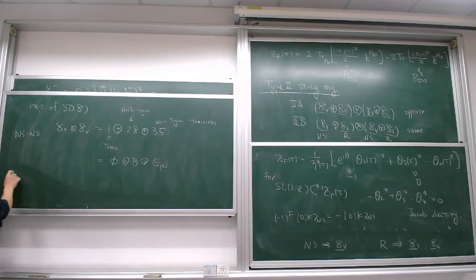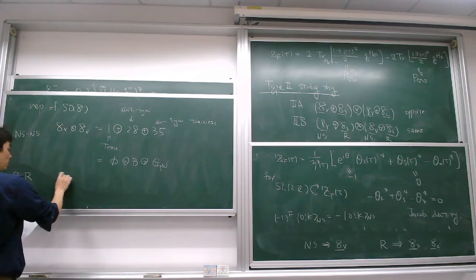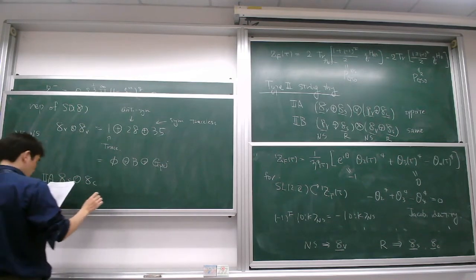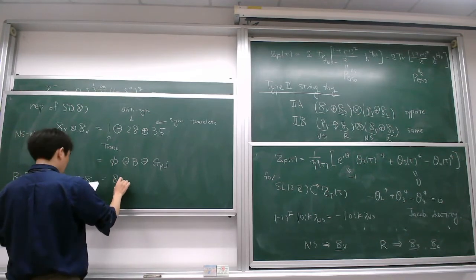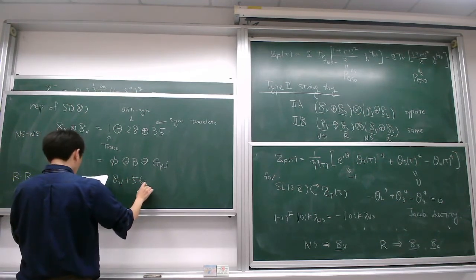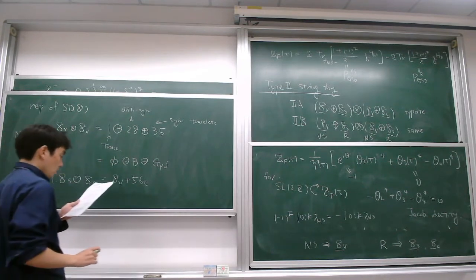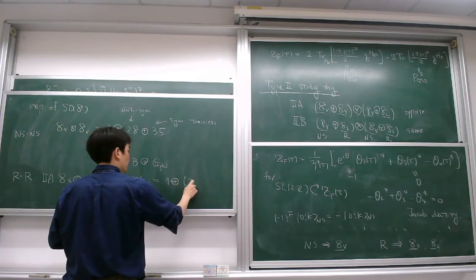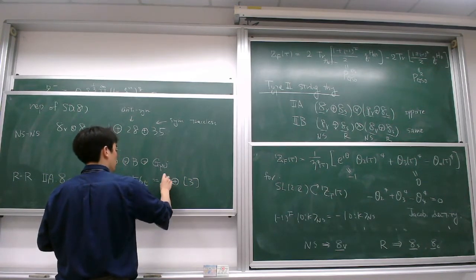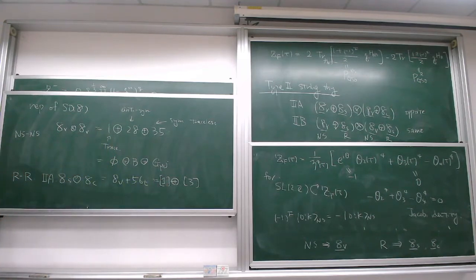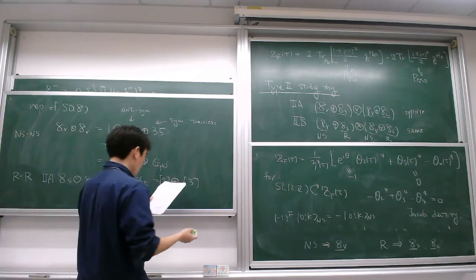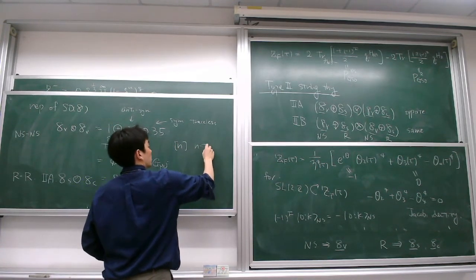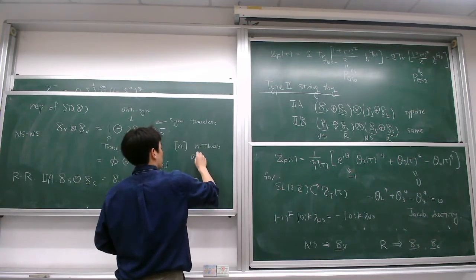In the Ramond sector, we have 8S times 8C in type 2A, and this will decompose into 8V plus 56_T. People just denote this as 1 plus 3, so 1 plus 3 means that it's just an n-times anti-symmetric representation.